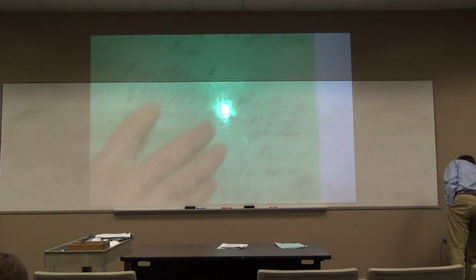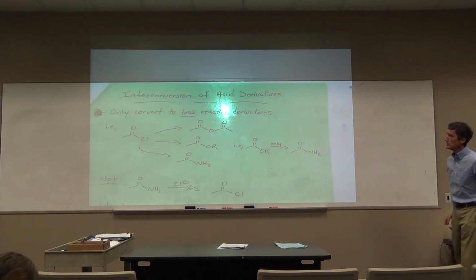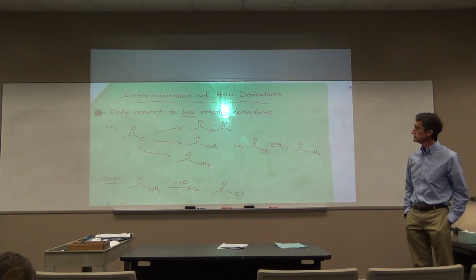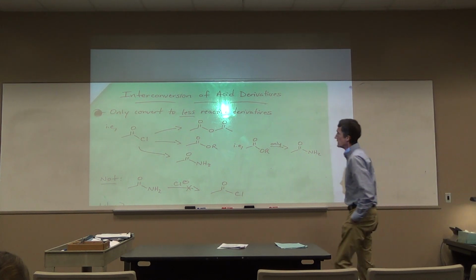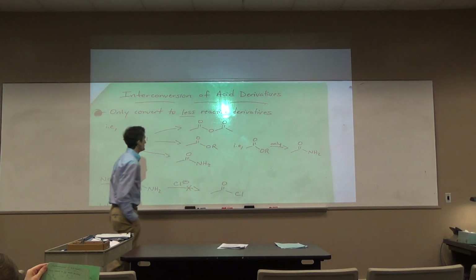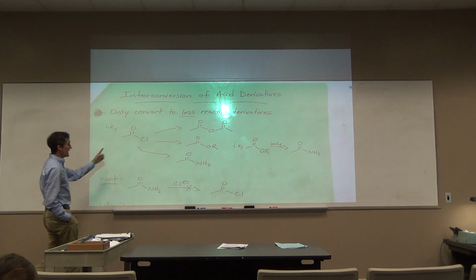I think we're ready to pick up here, interconversion of acid derivatives. We have a rule or a statement here: you can only convert to a less reactive derivative. Acid chloride is the most reactive.